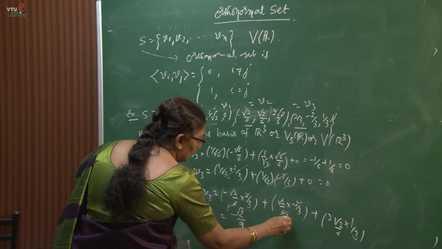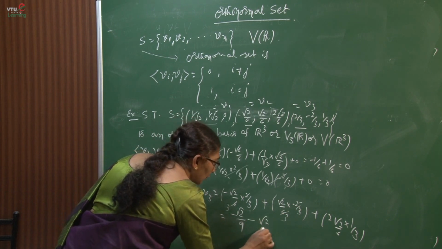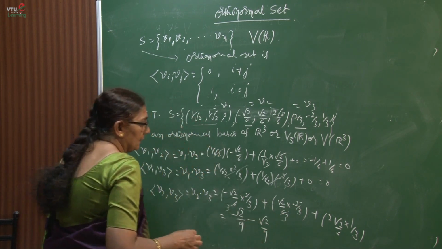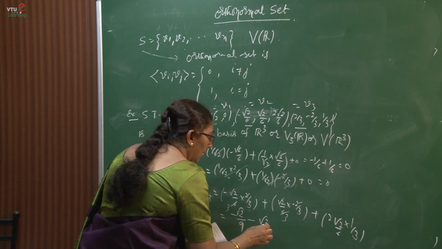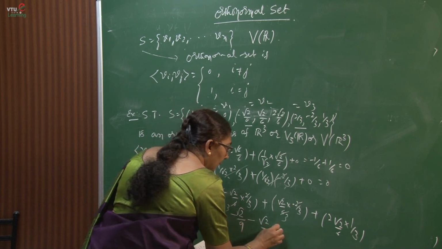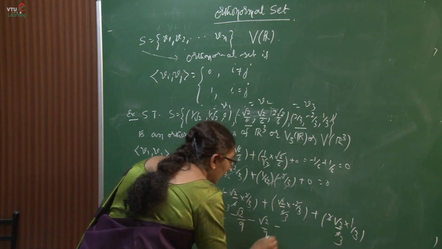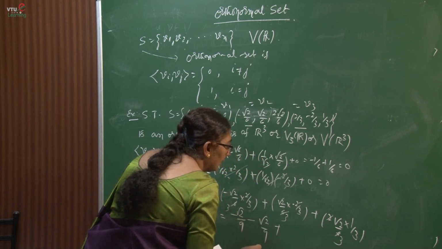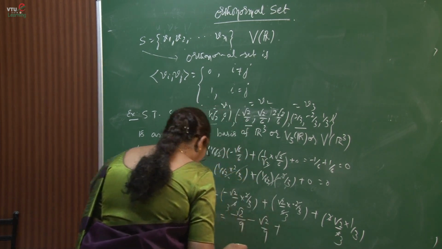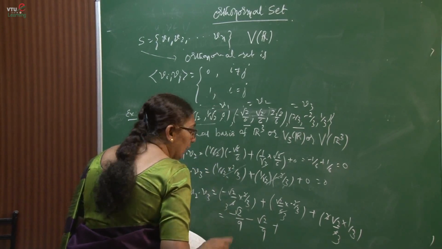Here also 2 ones are 2, 3 3s are, what we get, minus root 2 by 9. This is, actually, minus here 2 ones are 2, 3 3s are, what we get, plus root 2 by 9 minus 2 root 2 9.